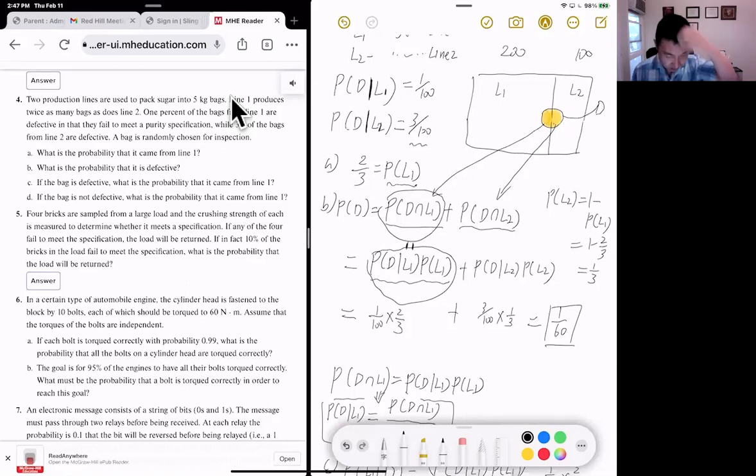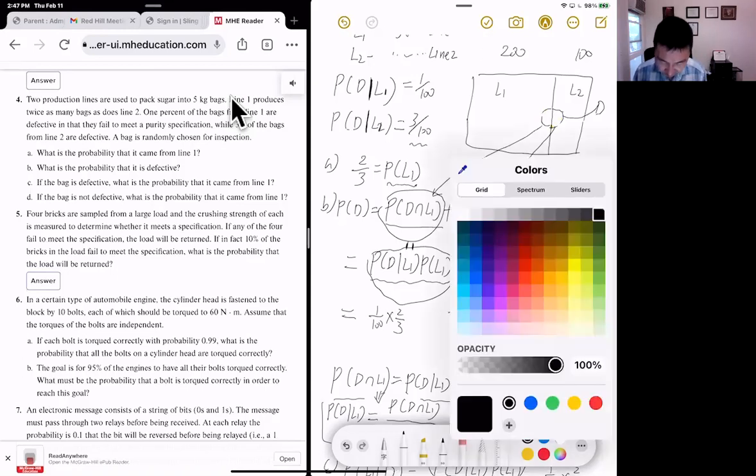Then which part is this question asking?